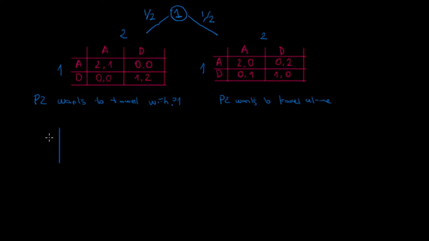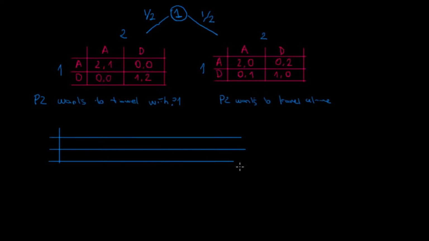Here we are going to have this table. Player 1 has two different strategies, A or D, I mean Australia or Denmark. But player 2 has 4 different strategies, and I'm going to explain it now.